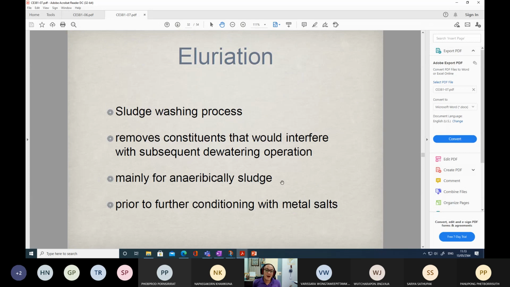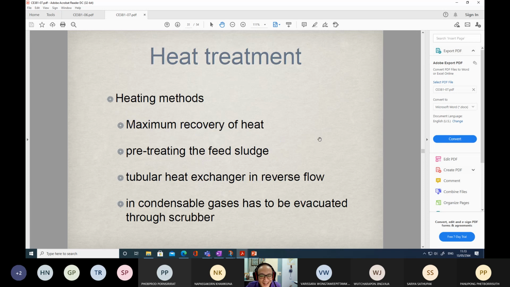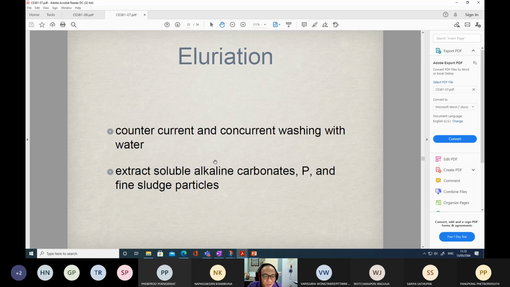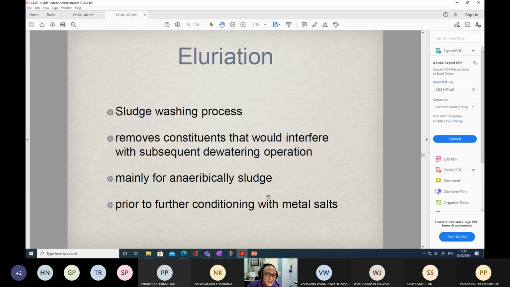Okay, so the next process is the aeration. We normally don't use this, but sometimes we do. It is simply using tap water to wash the sludge, so that things which stick onto the sludge particles will be washed out.